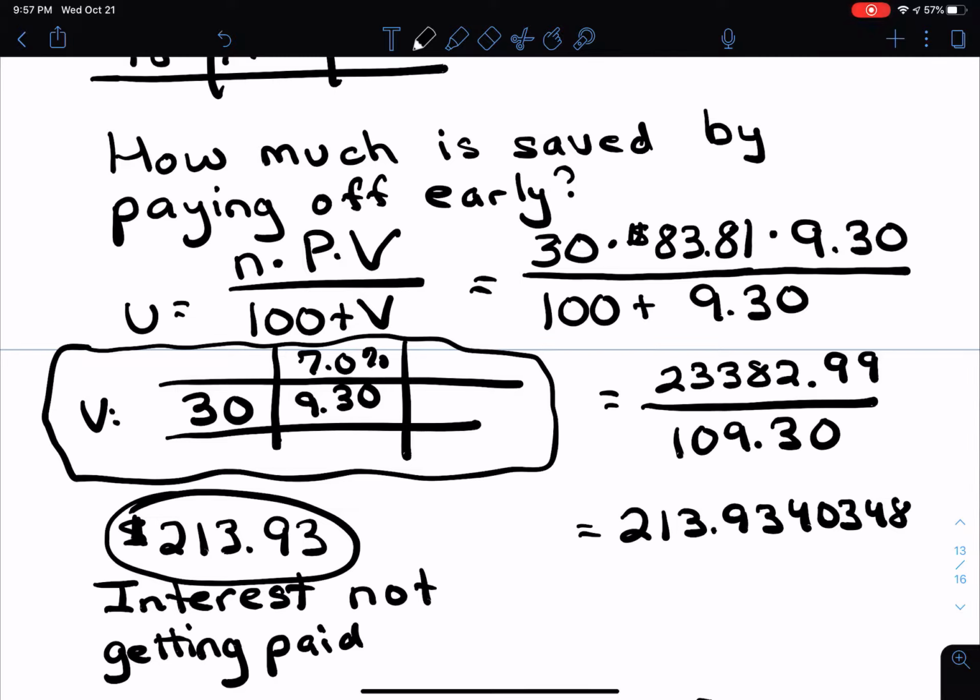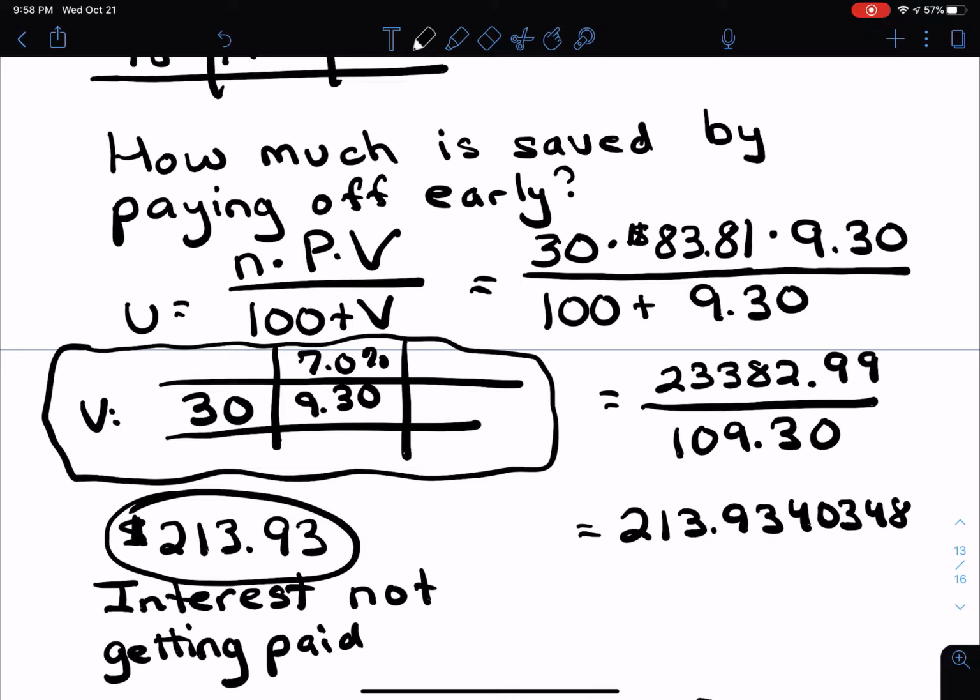Okay, so I used the formula there, NPV over 100 plus V. That is called the actuarial method for unearned interest. Sounds very complicated, but it really isn't. So N was our number of remaining payments. That was 30. P was the monthly payment of $83.81.